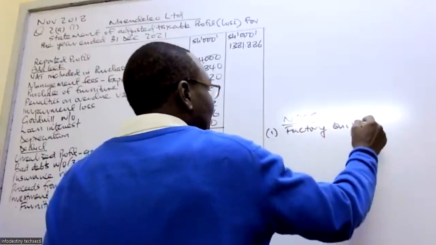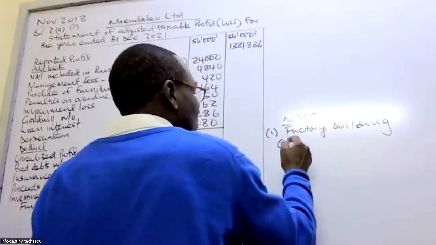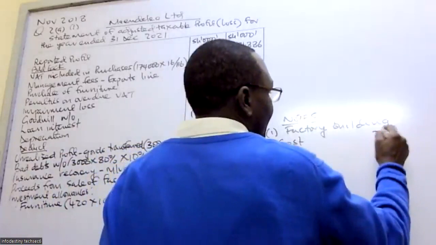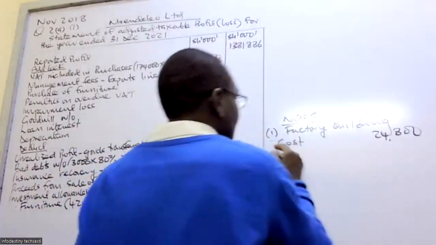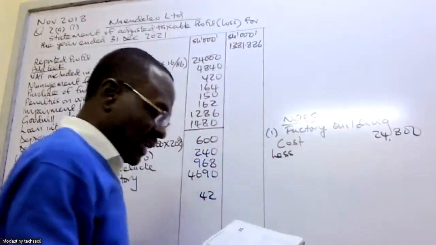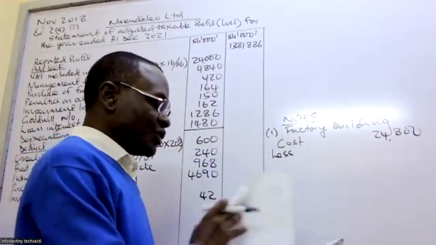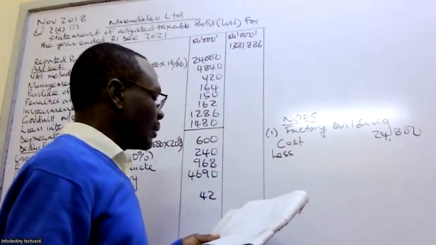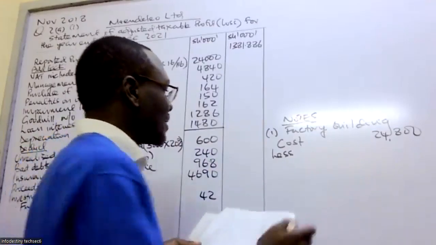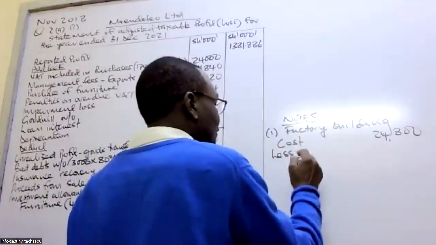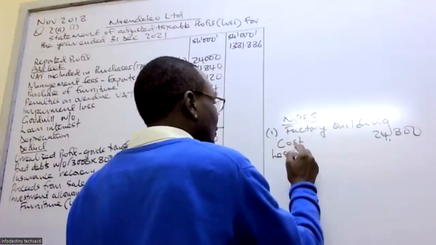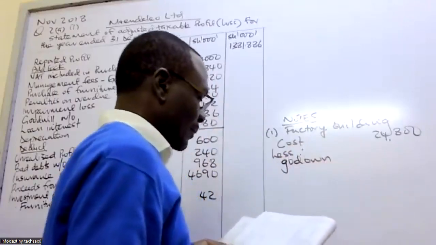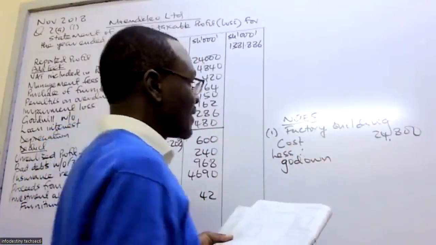So the factory building, we take the cost, and the cost of the factory building is 24,800. Then from 24,800, we lessen all that which is included. It's not really numbered, but there's a go down, so we deduct the cost of go down. Go down is 800.